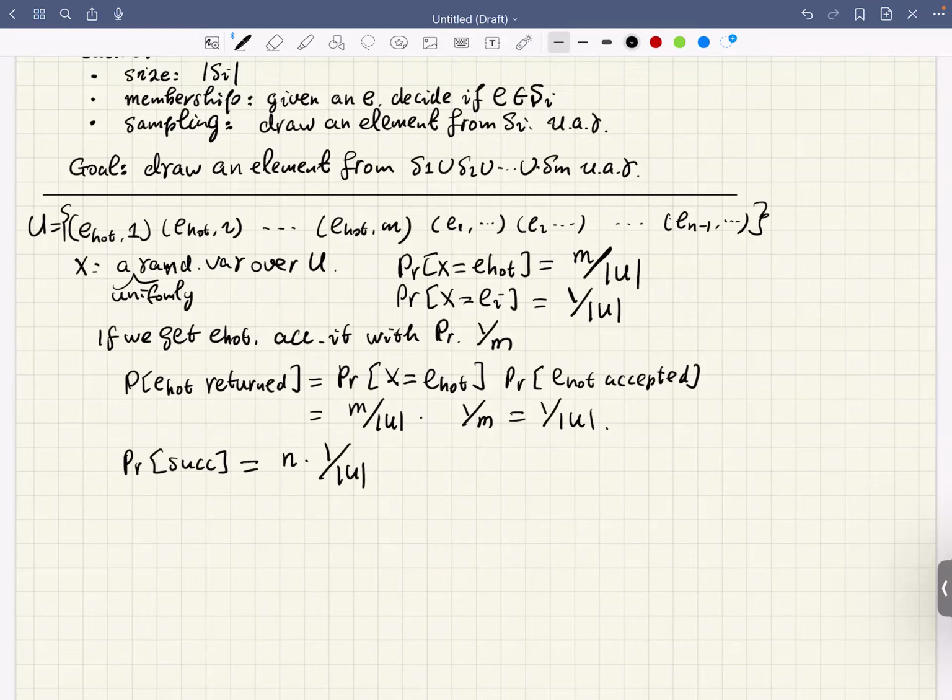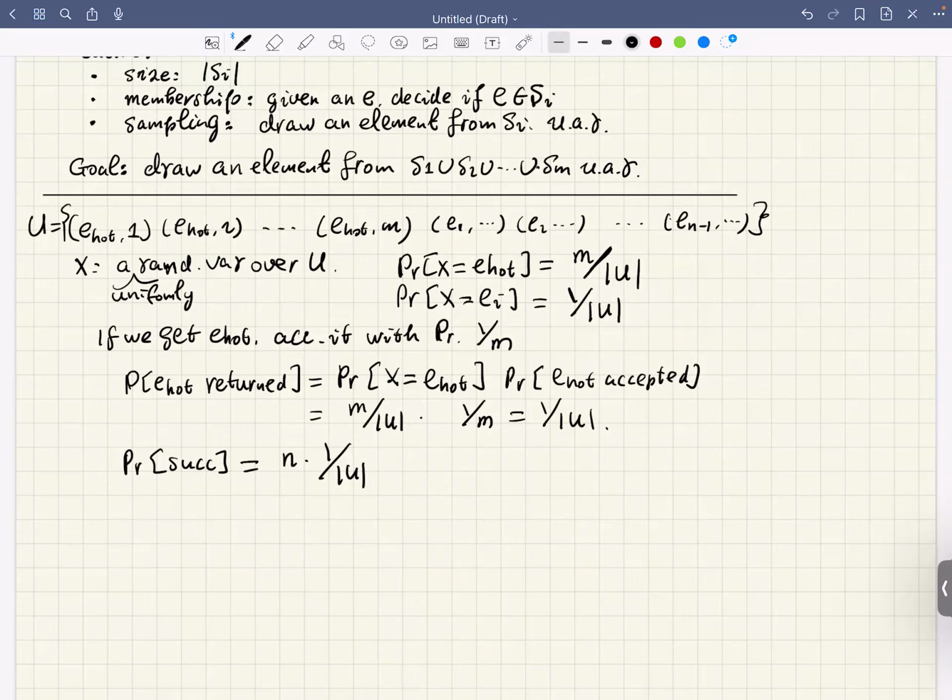Okay, so this is the success probability. Now if I ask you, what is the expected number of times that you have to repeat this in order to get a success? In order to succeed, the answer will be exactly the opposite.